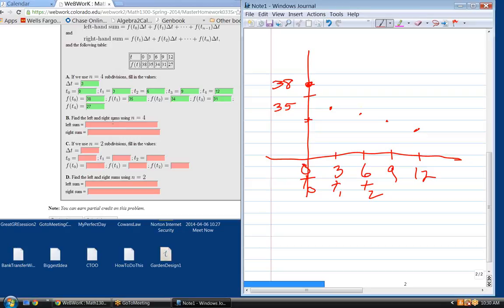Find the left and right sums using n equals 4. Well, the left sum is going to be that. So give me what the left sum is going to be. Here, let me put these values here.